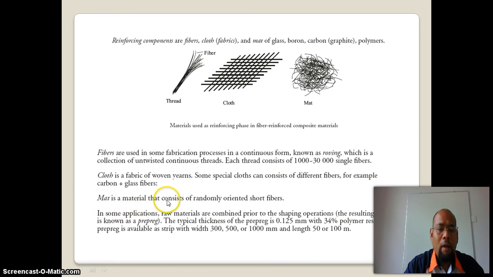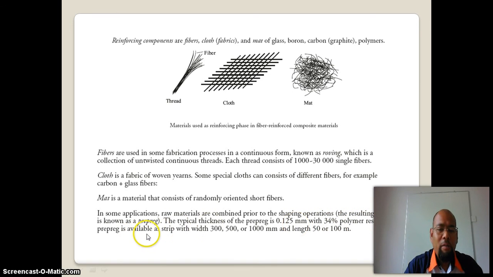In some applications, raw materials are combined prior to the shaping operation. The resulting material is known as pre-preg. This is what I explained previously on tape laying, meaning that the cloth itself comes with the resin mixed together with it. A typical thickness of the pre-preg is 0.15 millimeter with 34% polymer resin.